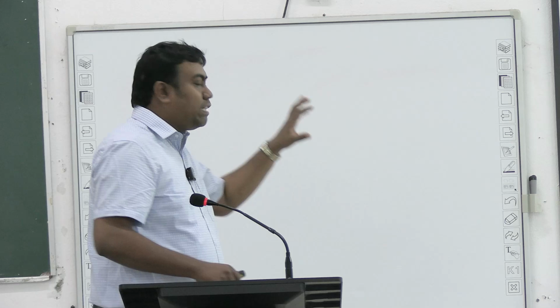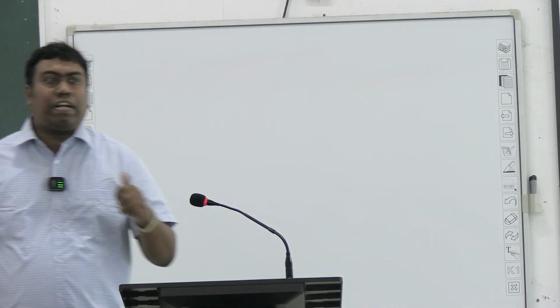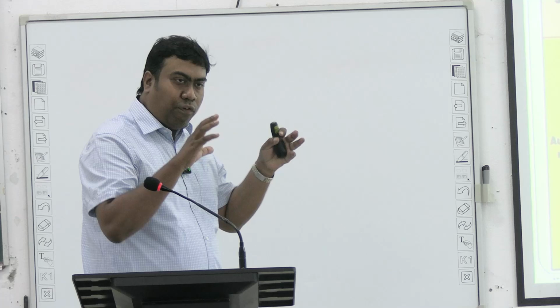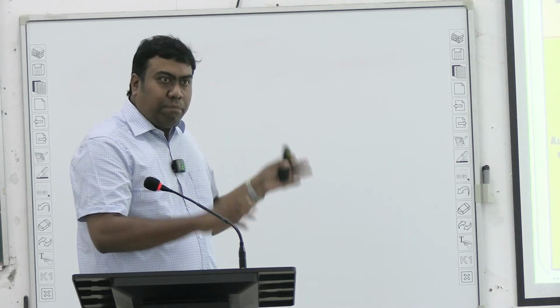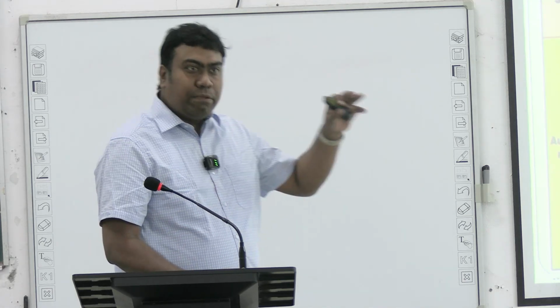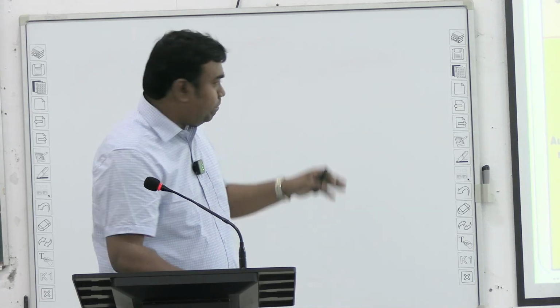But in the sympathetic nervous system, what is the primary neurotransmitter? Noradrenaline. Very good. So for parasympathetic it is acetylcholine, for sympathetic it is not adrenaline but noradrenaline that is the primary neurotransmitter.